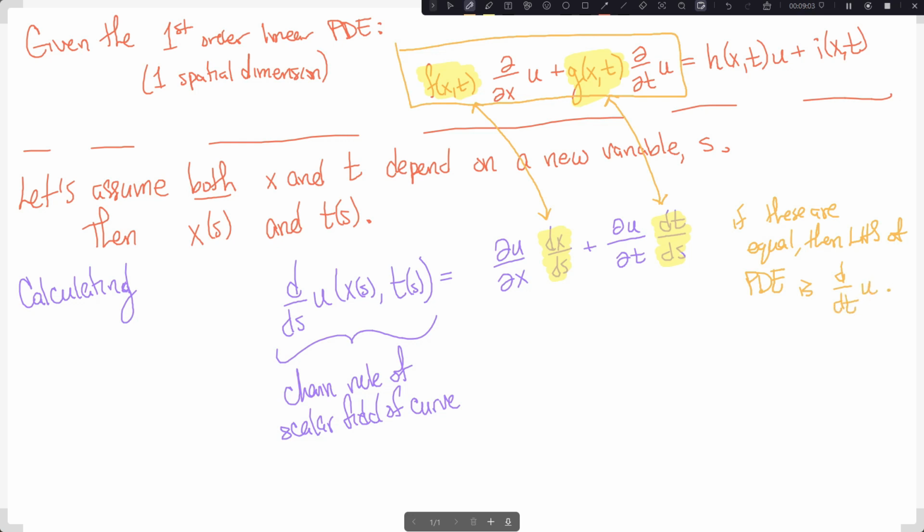So that's the method of characteristics in a nutshell. Let's see what making this assumption that dx ds is f of x t and dt ds is g of x t leads us to.